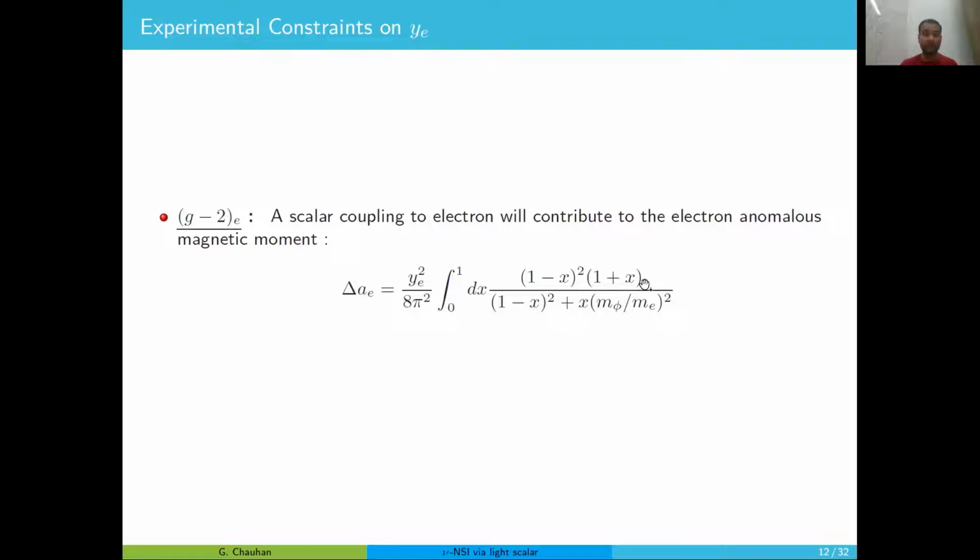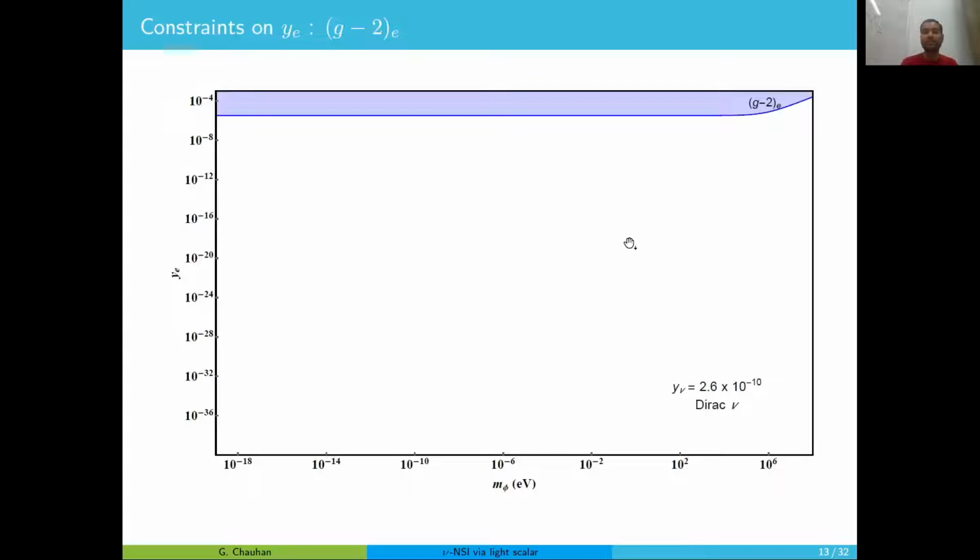There are several constraints on the coupling of leptons, especially the electron, to this scalar phi. First and foremost, a scalar that couples to the electron will contribute to the electron anomalous magnetic moment, which is given by this particular integral. Once you take the current constraints on the g-2, it gives us a constraint on this coupling at around the 10 to the power minus 5 level.